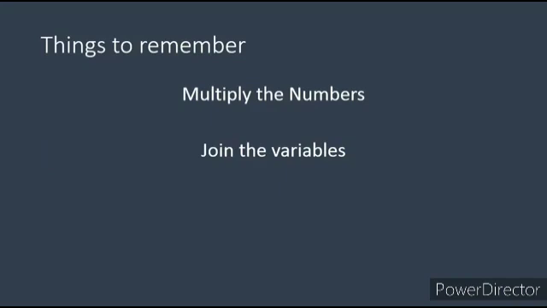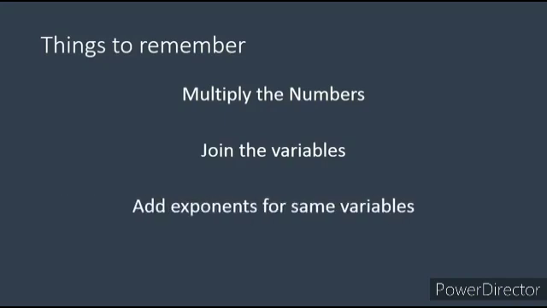Joining means it is multiplying the variables. And then you add the exponents for same variables. So these three steps are very important while doing multiplication of monomial by monomial. So follow all these steps in this video and solve exercise 9.2 problems in your textbook by yourself.